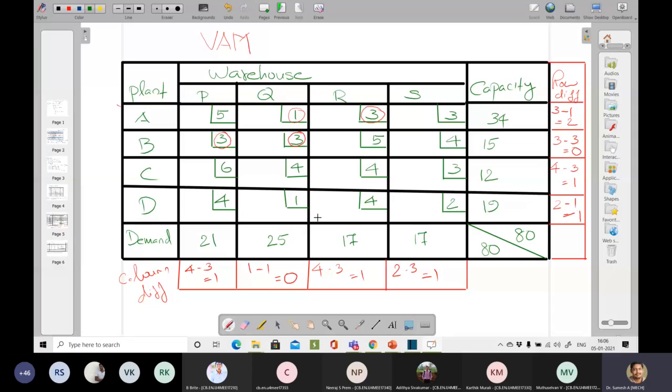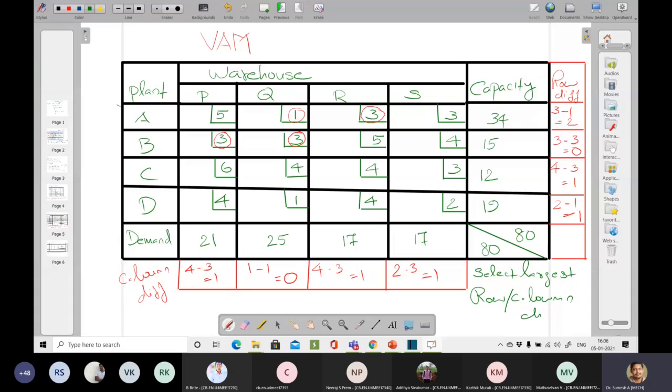Now go for the largest row or column difference. So select the largest row or column difference.